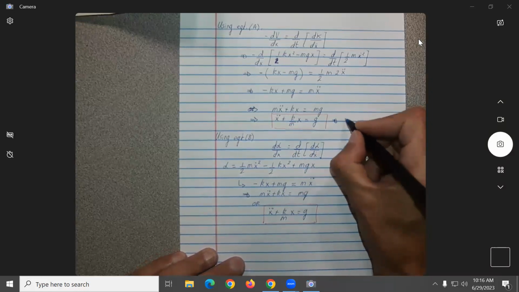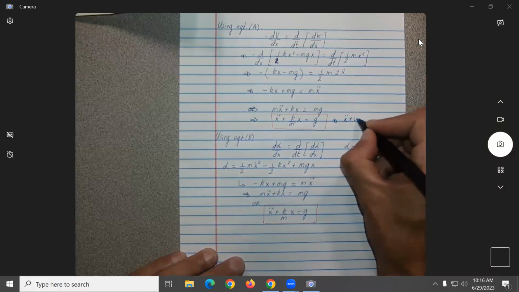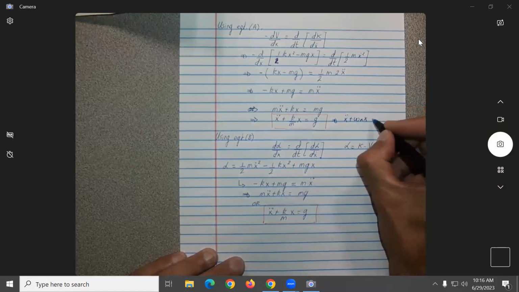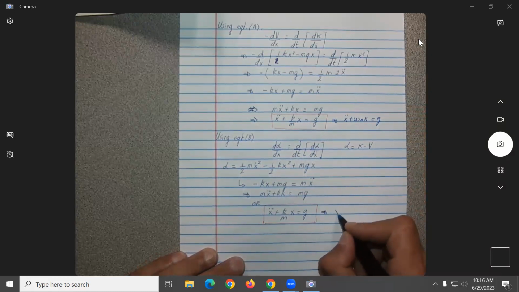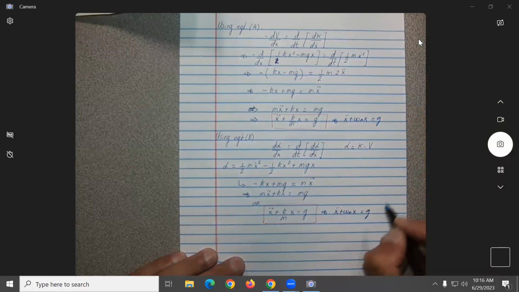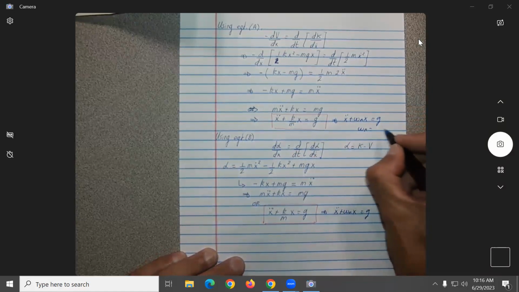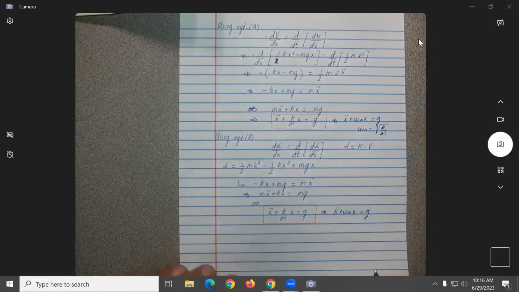This is equivalent to x double dot plus omega n squared x equal to g, where omega n is the square root of k over m, no? Again, I could make it equal to 0 by changing the coordinate system again, but okay, we're not going to redo it, no?